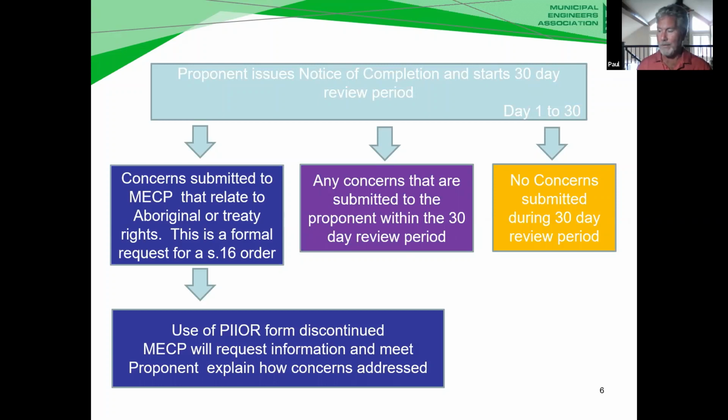Instead, the requester sends their concerns in writing, in whatever fashion they choose, to the minister. And the ministry will then contact the proponent, meet with the proponent, and work through and address those concerns. And there seems to be really no guidance on how that's going to happen.